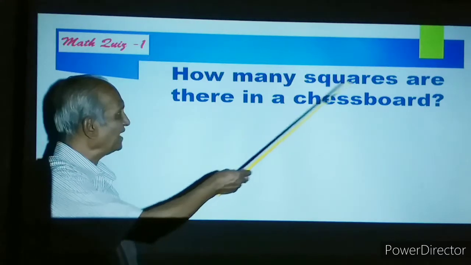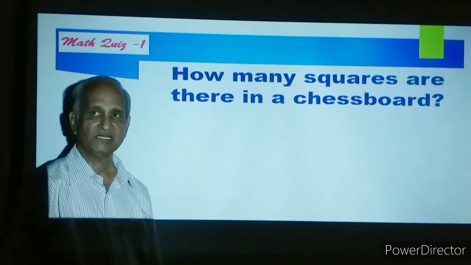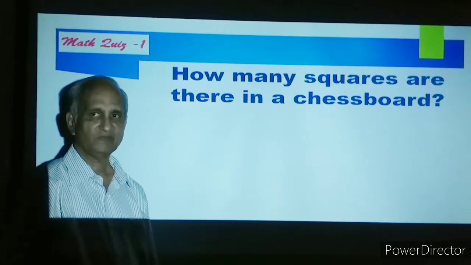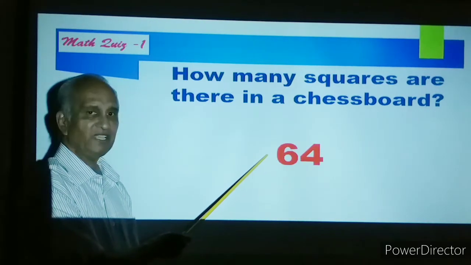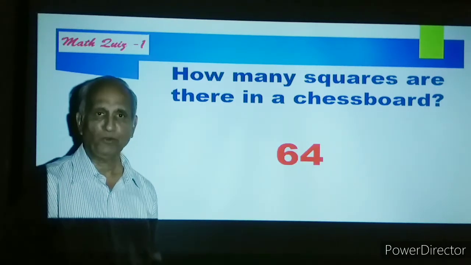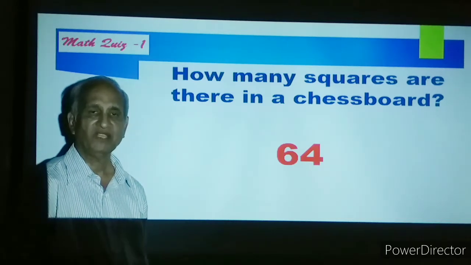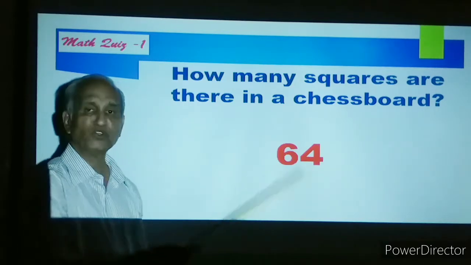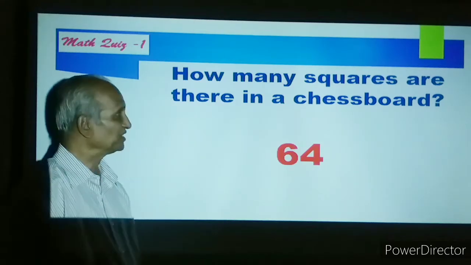How many squares are there in a chessboard? It is 64. Visualize the chessboard. The board is a square with 8 squares on each side. 8 into 8, it is 64. 64 squares you find on a chessboard. Next question.